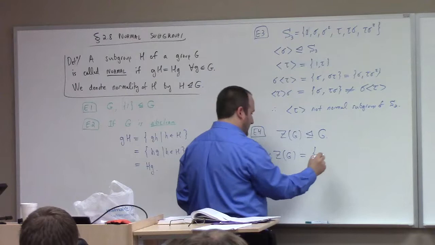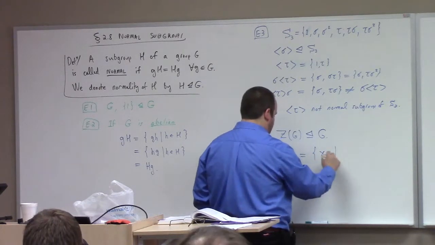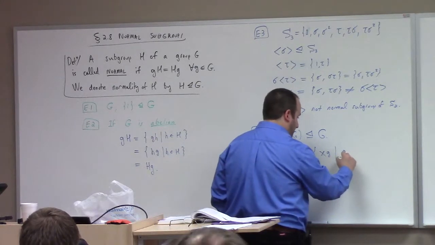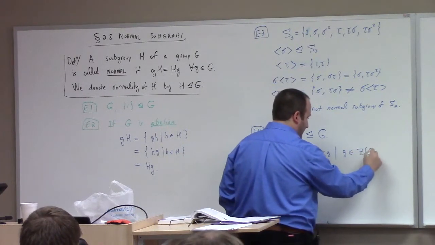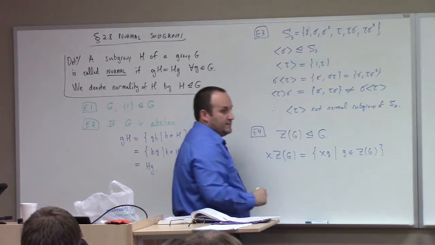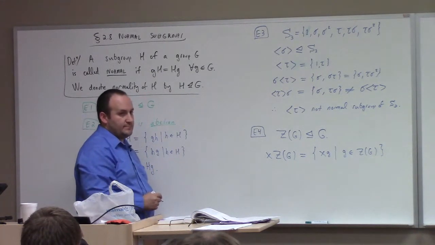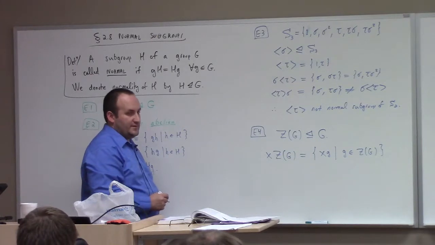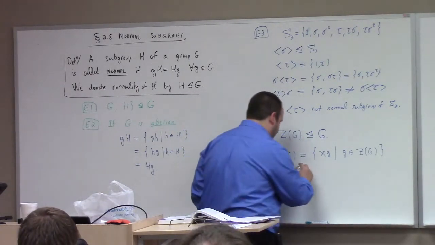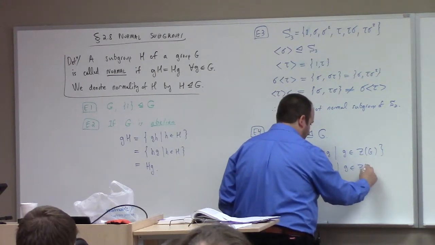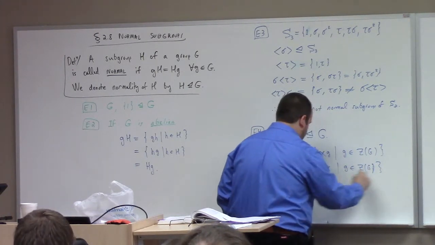This is xg such that g is in Z(G), right? What does it mean for g to be in Z(G)? It commutes with everything in G. So in particular, it commutes with x. Right? Oh, there it is.